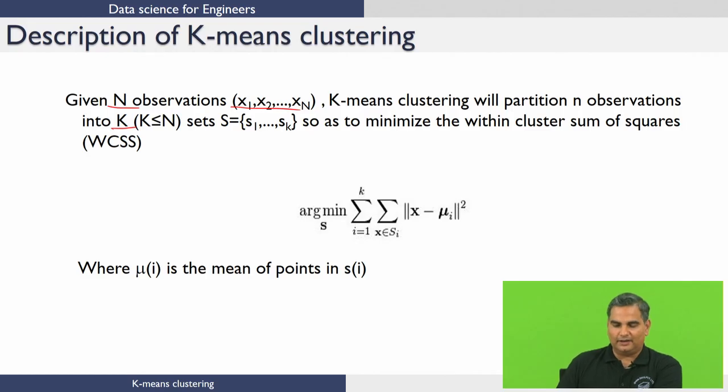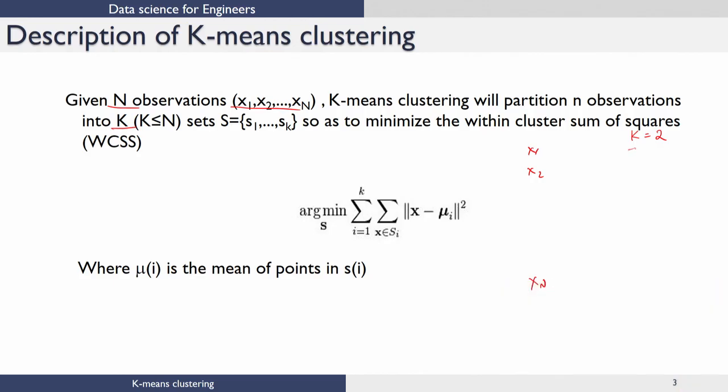To give a very simple example, let us say you have these observations x1, x2 all the way up to xn, and just for the sake of argument let us take that we are going to partition this data into 2 clusters. There is going to be one set for one cluster, cluster 1, and another set for the other cluster, cluster 2.